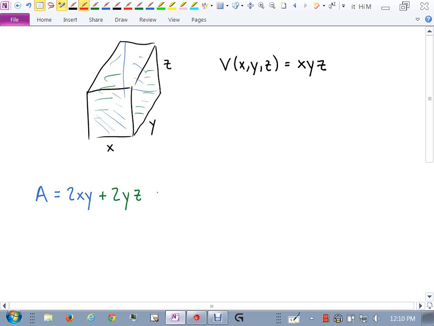Plus, now let's do the top. What's this right here? What's the area of that top piece? XY, how many of those do I have? 3. Because there's a double bottom, remember? So we have the top, and then the XY on the bottom, it was double made.